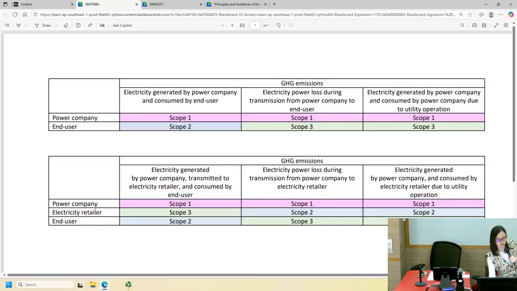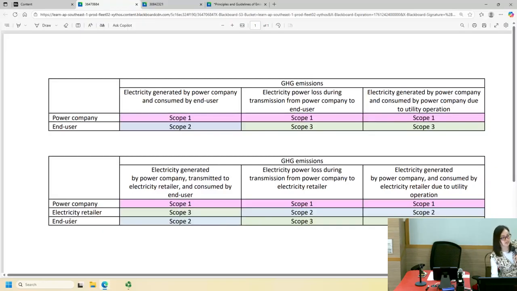So scope 1 for the power company. And then for the electricity retailer, this electricity is not consumed by the retailer. It is only a company that buys and then sells to others. So it would be not scope 1 and also not scope 2 because it didn't consume this amount of electricity. So not scope 2, and it would be scope 3.